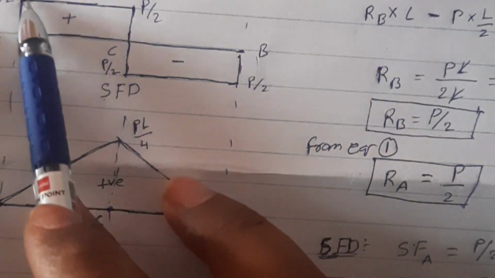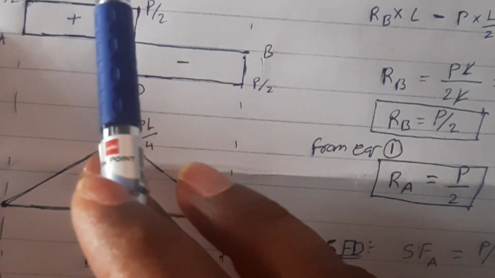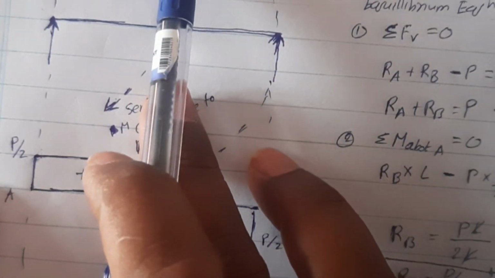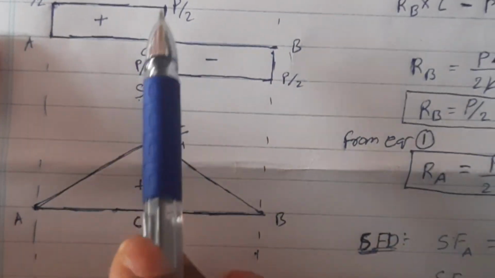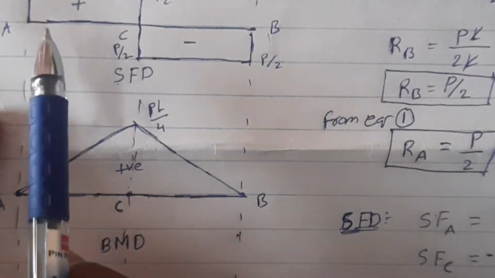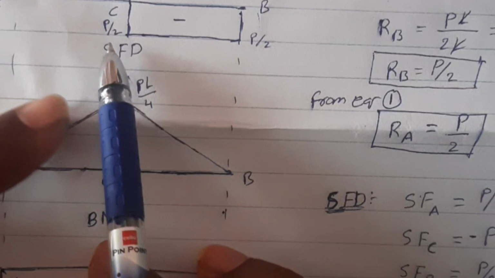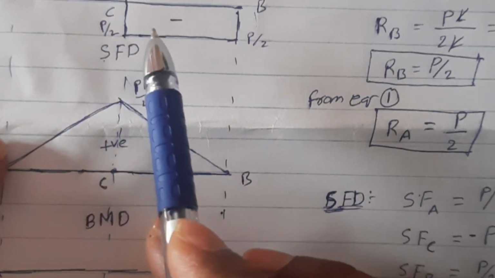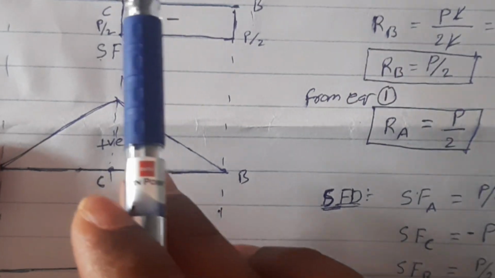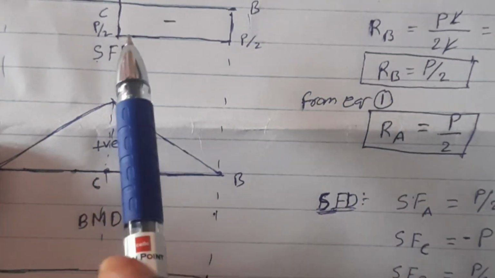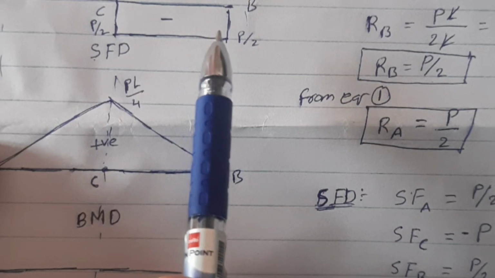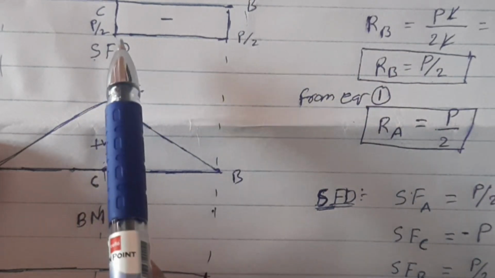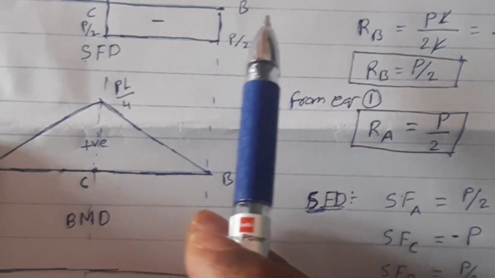This vertical line should represent the magnitude of the reaction or load on the beam. Here minus P by 2 is the magnitude due to the load at point C, and from point C to B there is no load acting in between, so the shear force is constant.